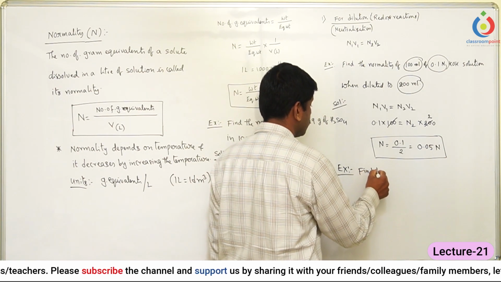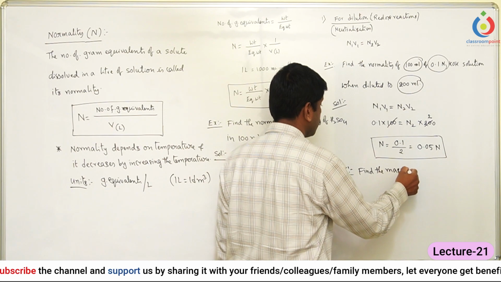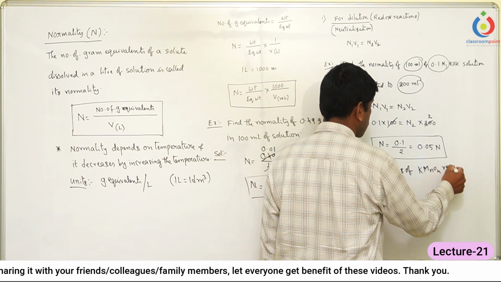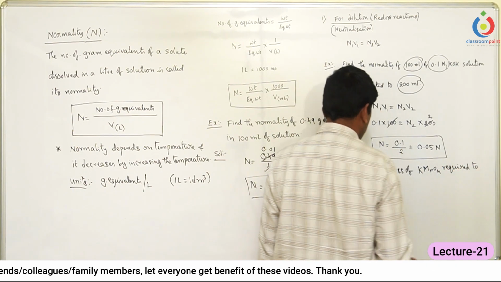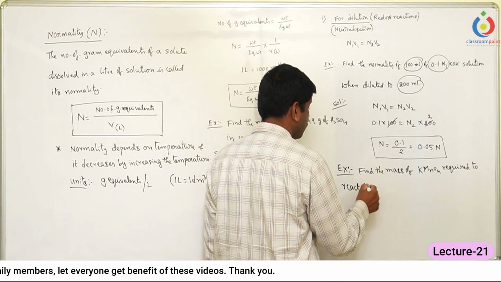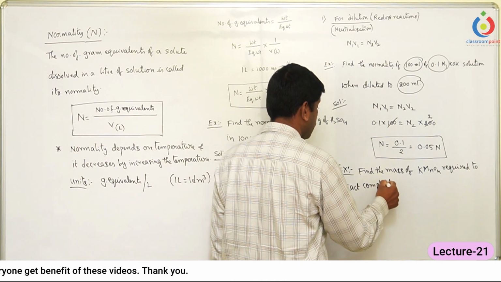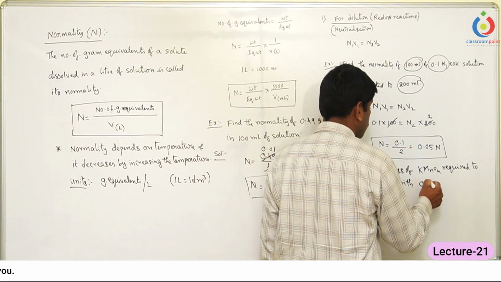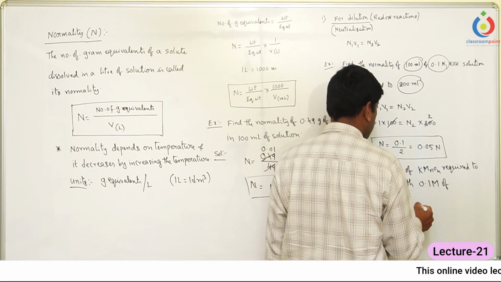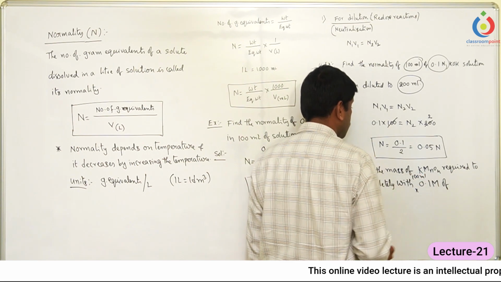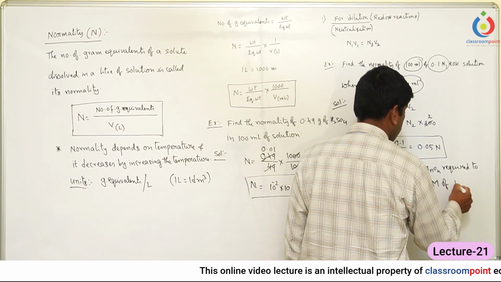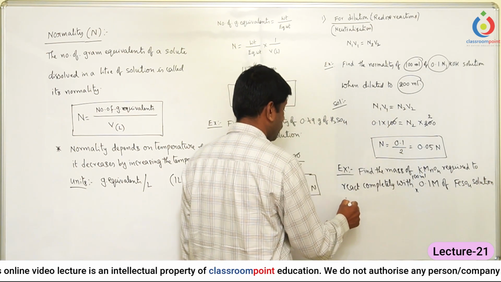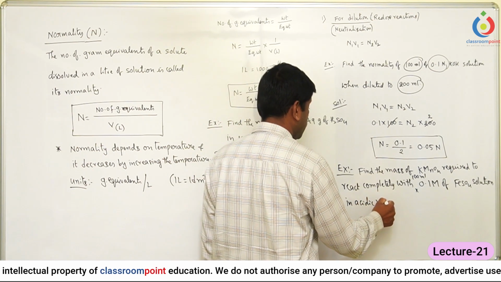Find the mass of KMnO4 required to react completely with 100 ml of 0.1 M FeSO4 solution in acidic medium.